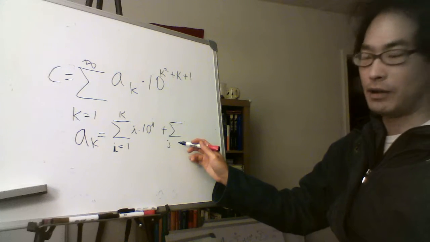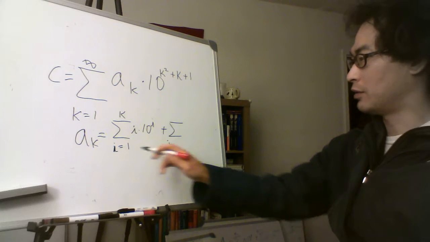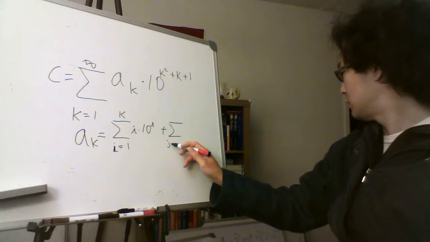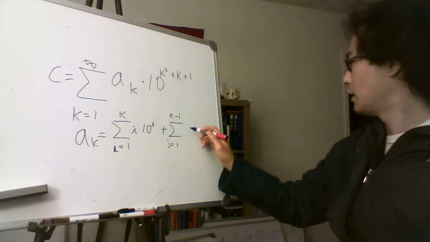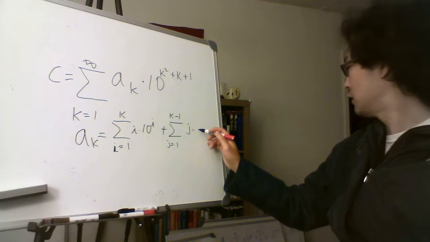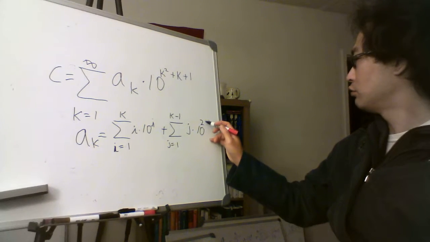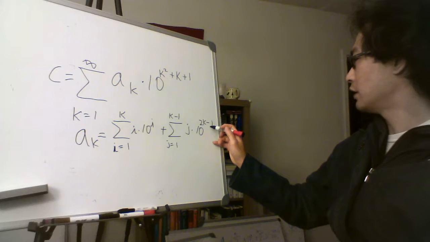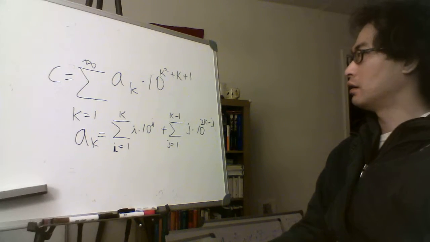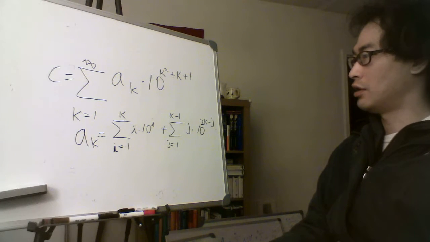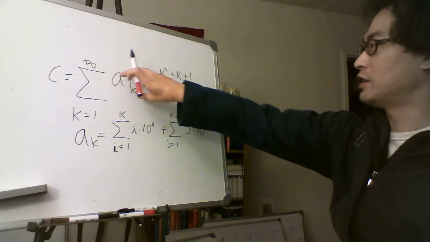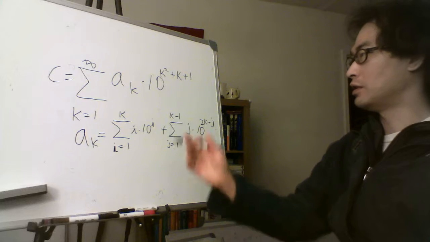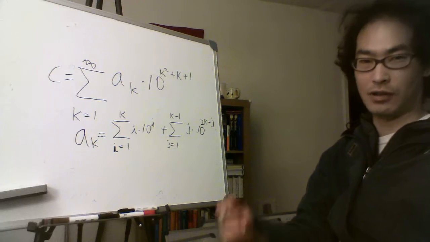We can call it i, by the way, but we cannot call it k because k is up there. Plus the sum from j from 1 to k minus 1 of j times 10 to the 2k minus j. All we have to do is put these two sigmas right here, so there will be 3 sigmas in the final formula.